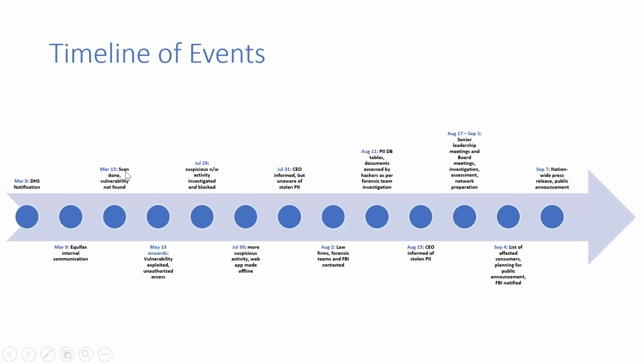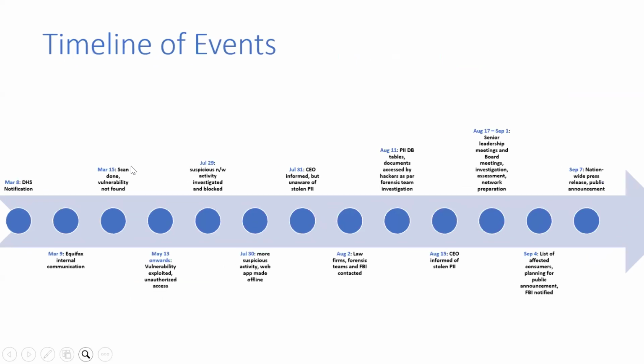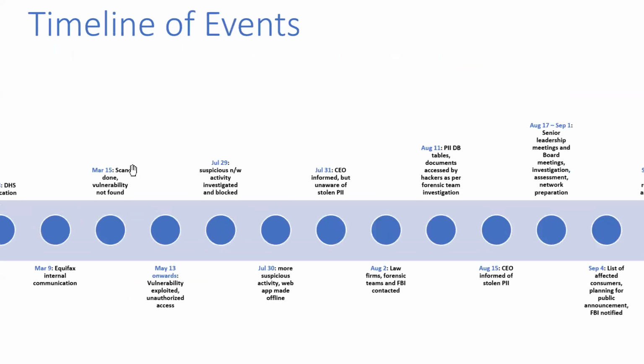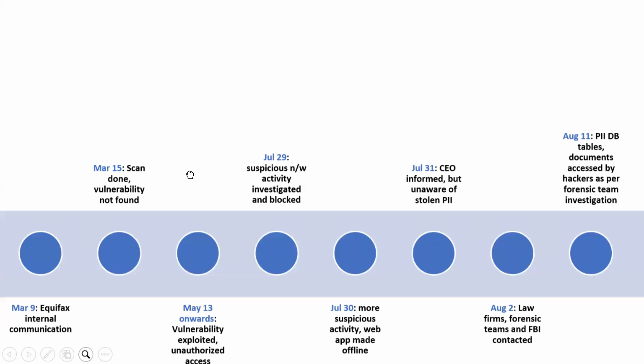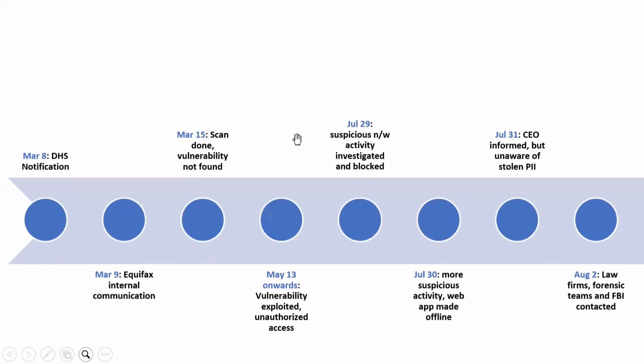So here's the timeline of events that happened. I'll just zoom in a little bit. On March 8th, the US Department of Homeland Security notified Equifax to patch this vulnerability. The next day, on 9th March, there were internal communications between multiple teams of Equifax.